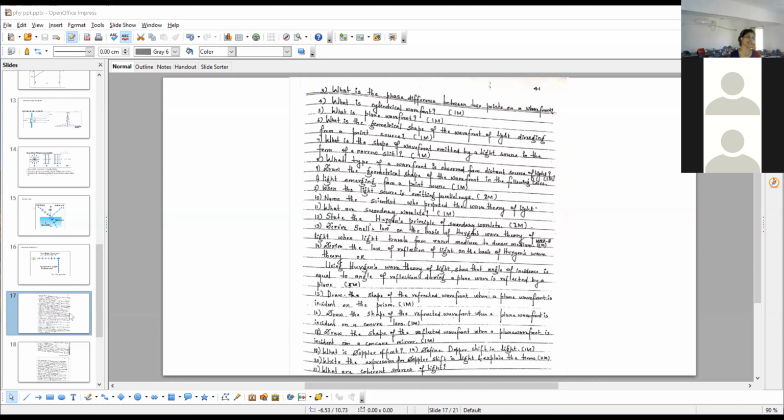Define red shift and blue shift. And write the expression for Doppler shift in light and explain the terms involved in it. Whatever topics we discussed up to today's class, they may ask questions like this. If you want to note down the questions, you can note them down and try to answer these questions.